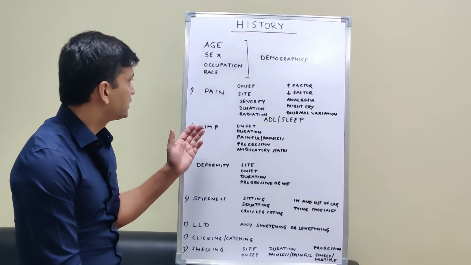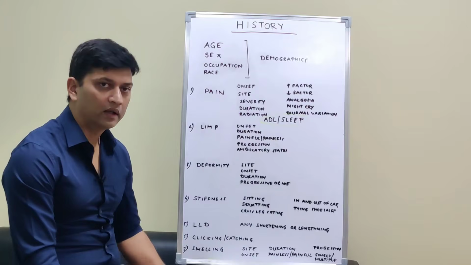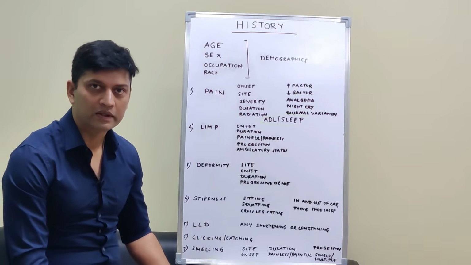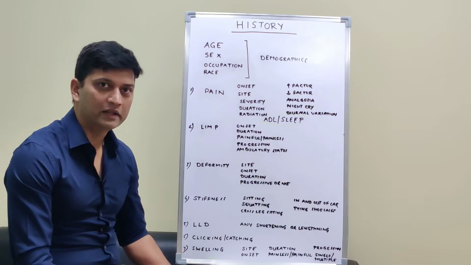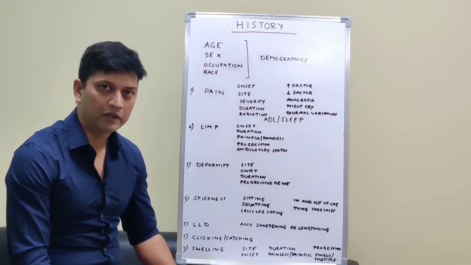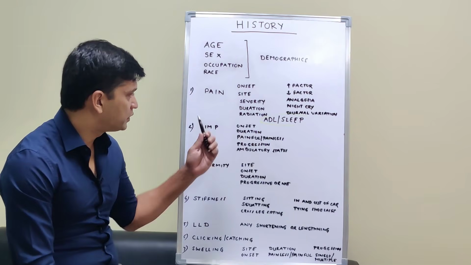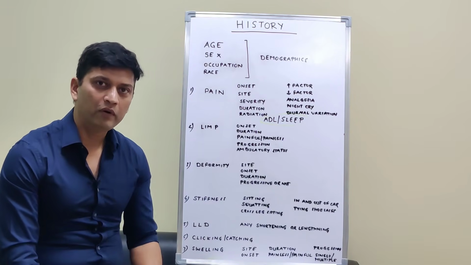Now the second commonest way the patient presents to you is limp. Sometimes the patient doesn't notice it, but the wife or the husband will say that you are limping, or in the Indian setting even the neighbors will say, what happened, you are starting to walk a bit funny, you are limping. So with limping, again you need to talk about the onset, duration, and whether it is painful or painless.